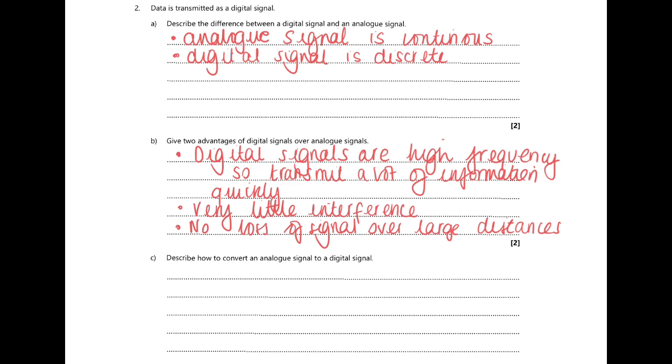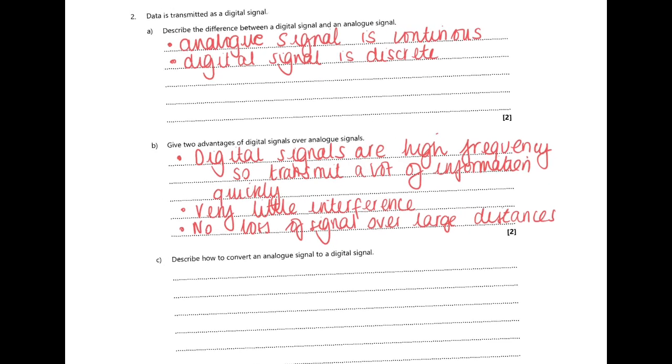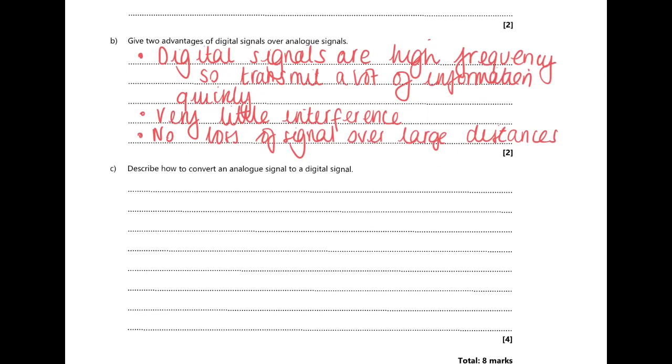And then for C, this is describing how to convert an analog signal into a digital signal. So you would use a transducer to create an electrical signal.